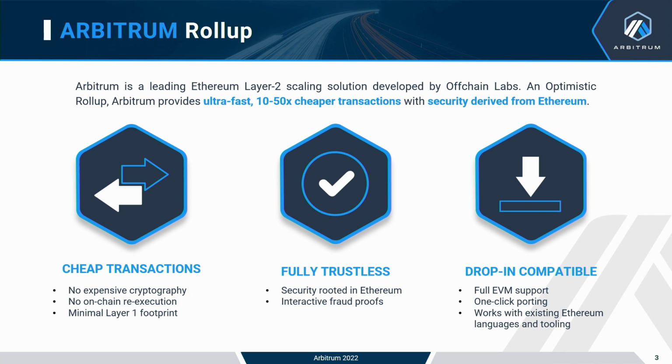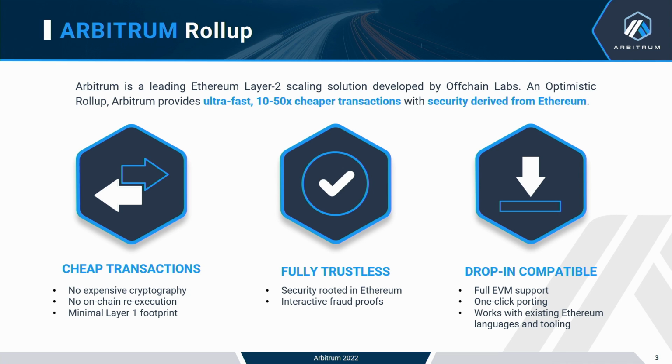So first off, just at a high level, for people who aren't too familiar, Arbitrum Rollup is a layer 2 blockchain, an optimistic rollup, which is a type of chain that is fully secured by Ethereum. But way nicer than Ethereum, we can offer significantly cheaper transactions, 10 to 50 times cheaper, and our security is derived from Ethereum.